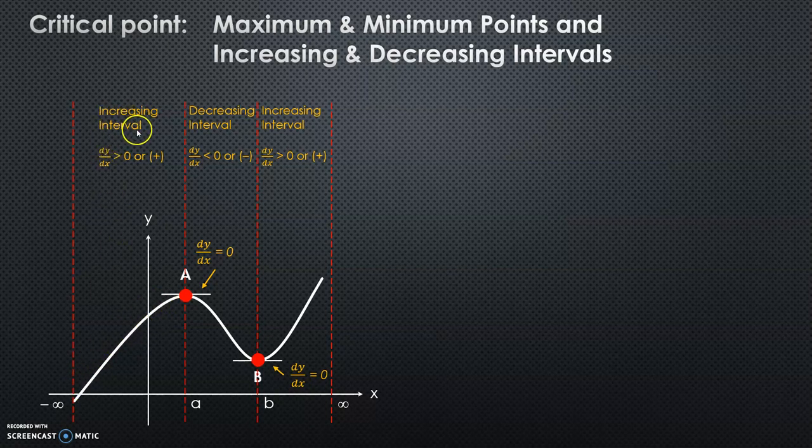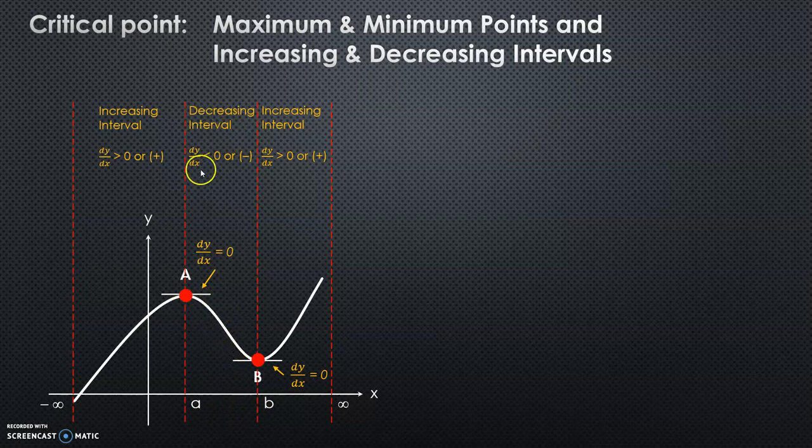In an increasing interval, dy/dx must be greater than 0, or we choose the positive sign. Positive sign means that it is increasing. Whereas in the second interval, between A and B, you can see that this interval is decreasing.